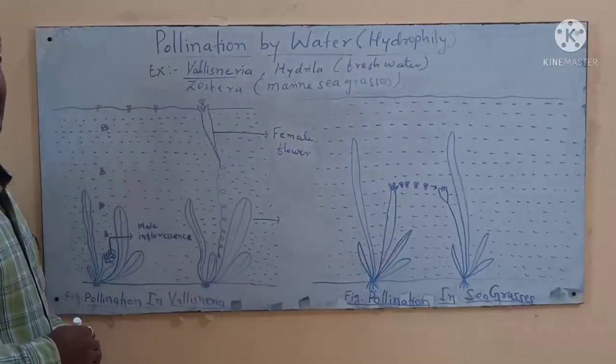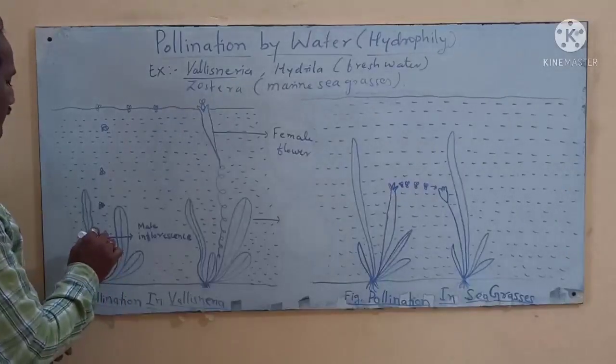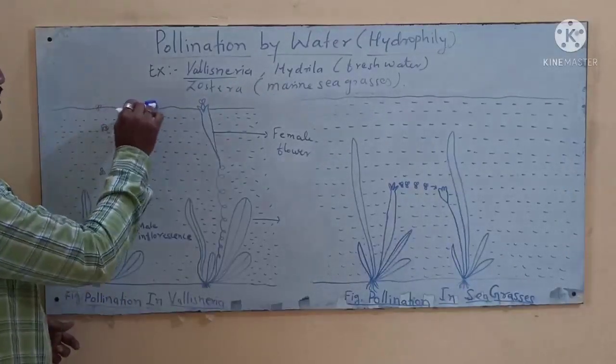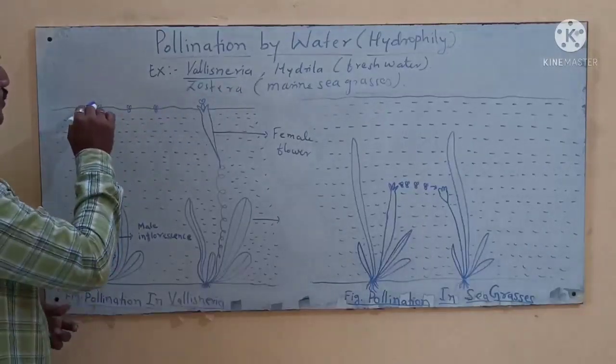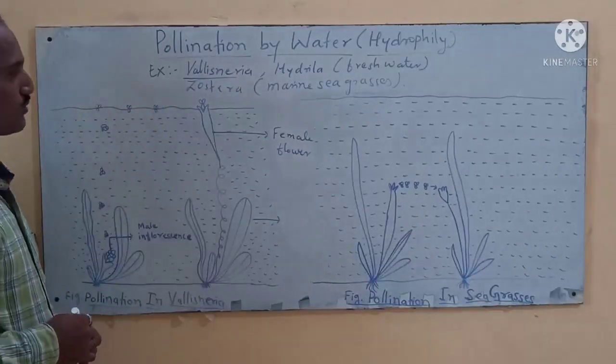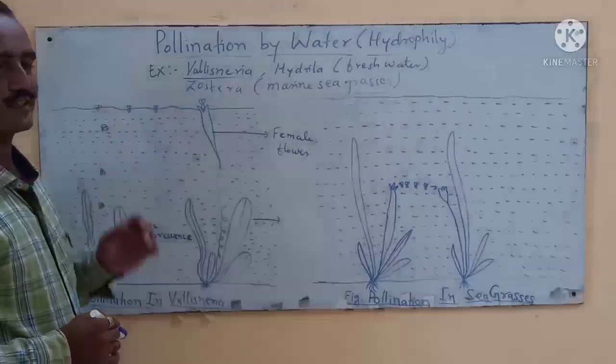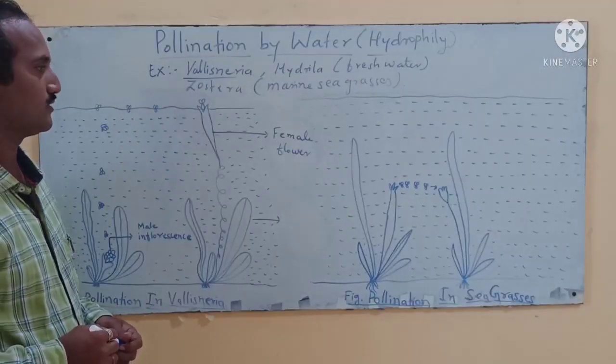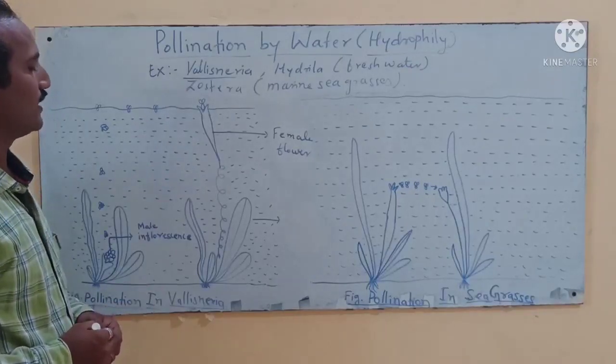As soon as the anther descends, pollen grains are released, and through the water current at the surface of water, the pollen grains move towards the stigma, where pollination takes place. This is about Vallisneria.